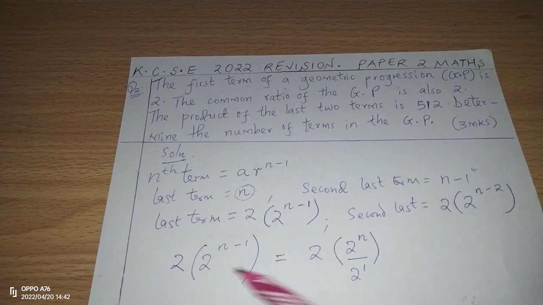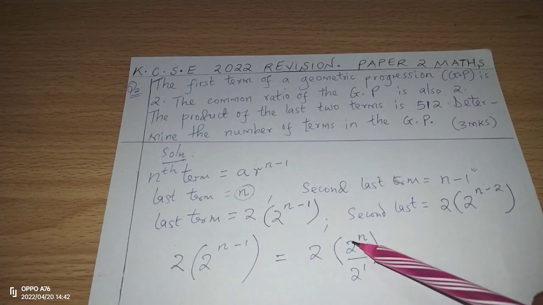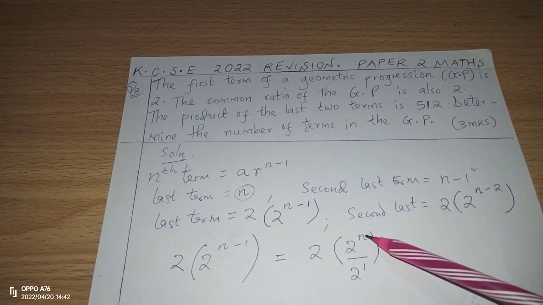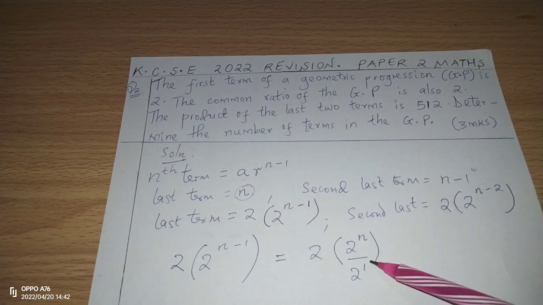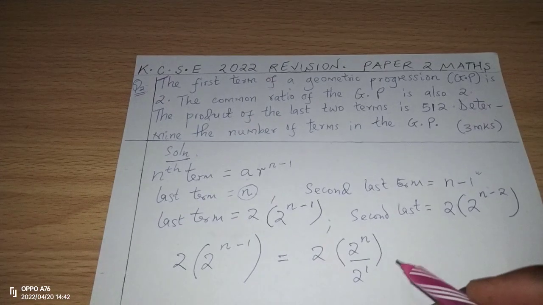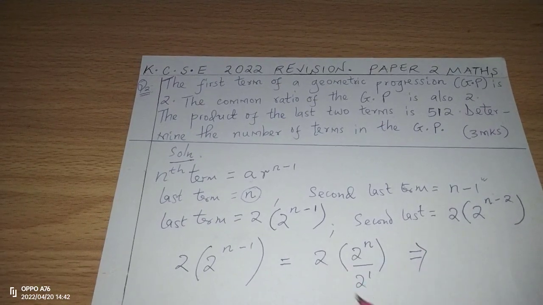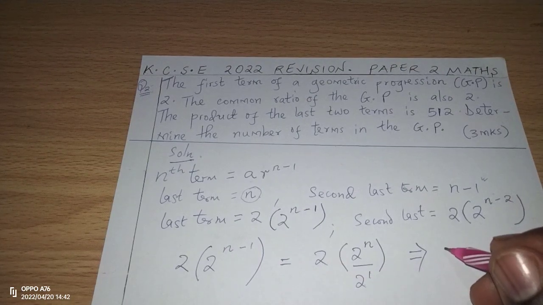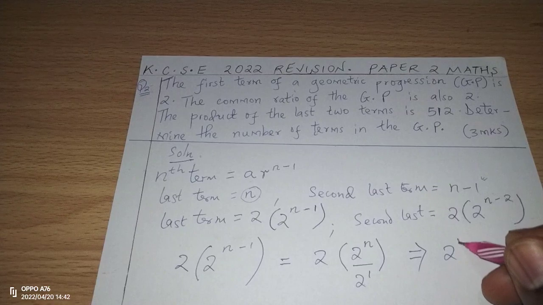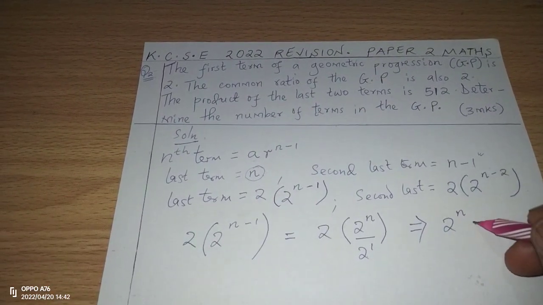Picking 2 and having indices subtracted means we split the indices and then divide, according to the laws of indices. When the 2's cancel, we can have the last term as simply 2 raised to n.